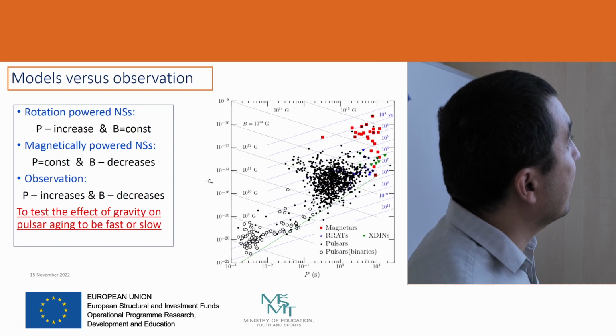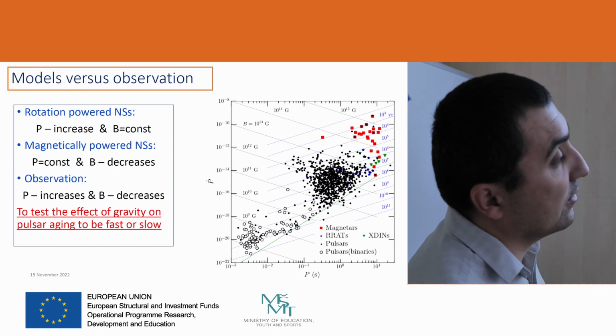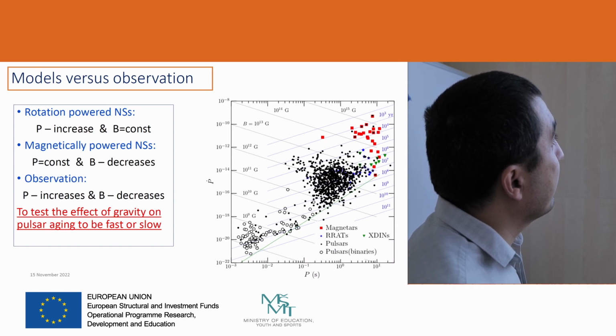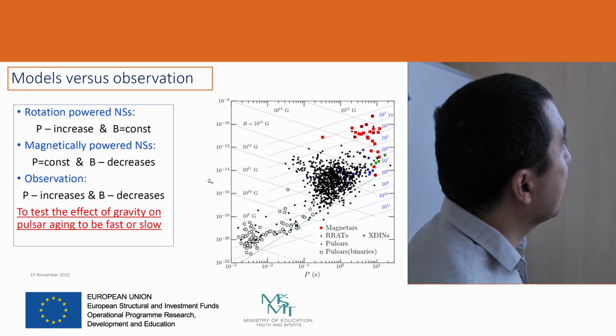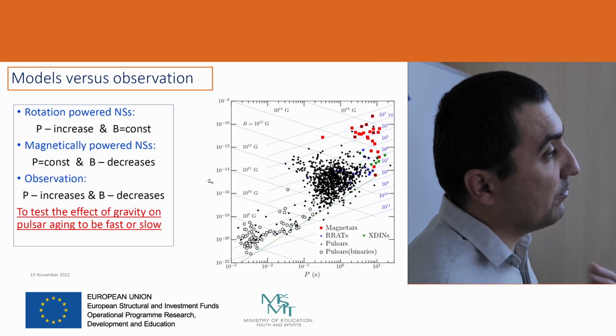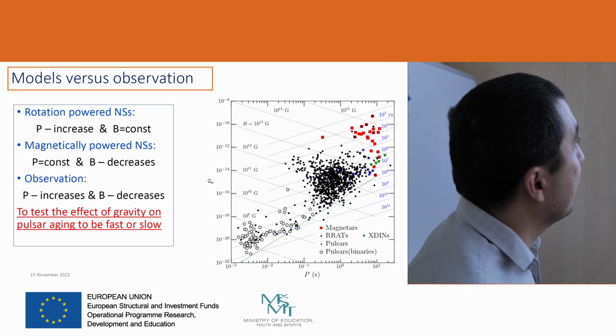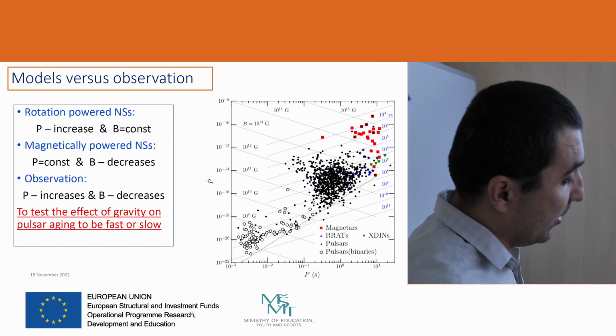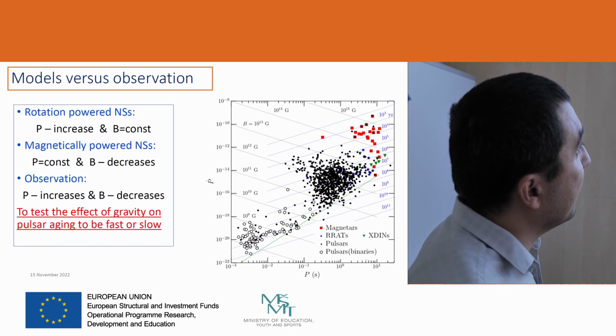For magnetically powered neutron stars, I mean magnetars, the period should not change, but all radiation comes from the magnetic energy. But observations show that their period increases, the pulsar slows down, and the magnetic field decreases.